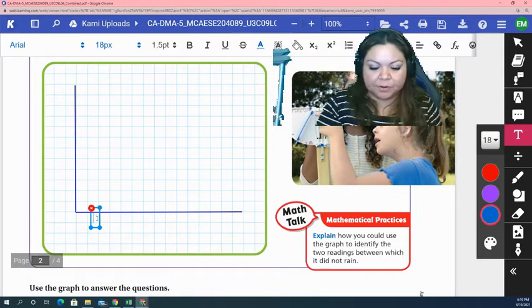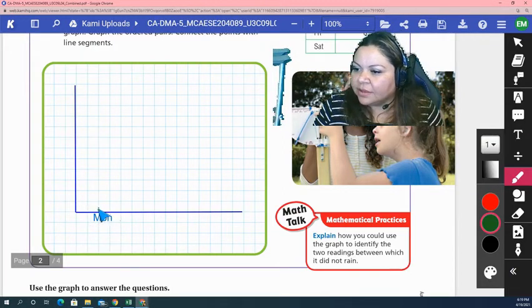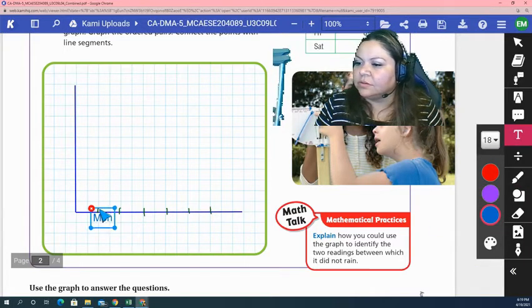So here I'm going to put Monday. And I'm going to draw a little line, and I'm going to separate these every two, I think. So Monday, Tuesday, Wednesday, Thursday, Friday, and Saturday. And I'm going to move this around.